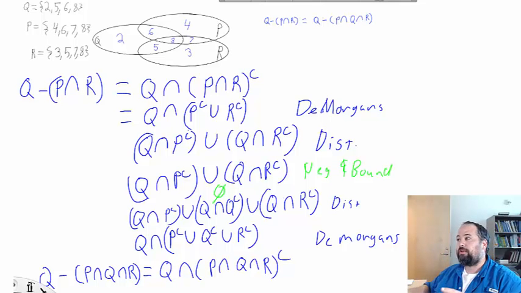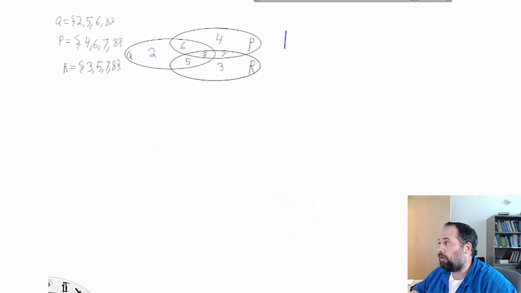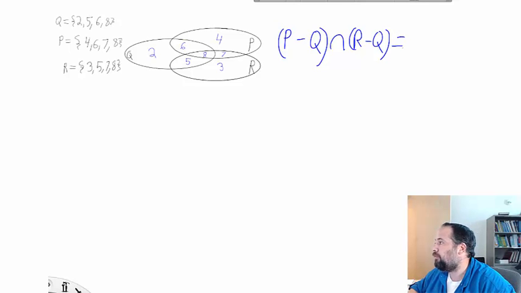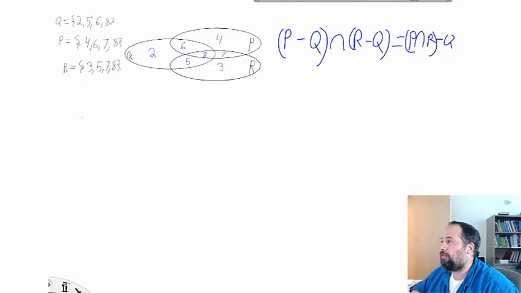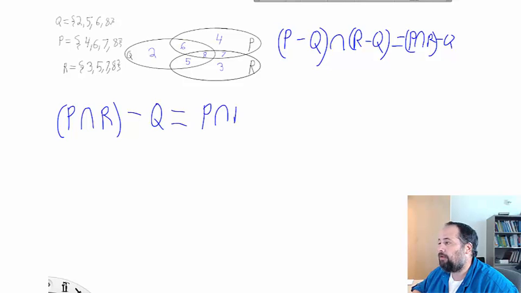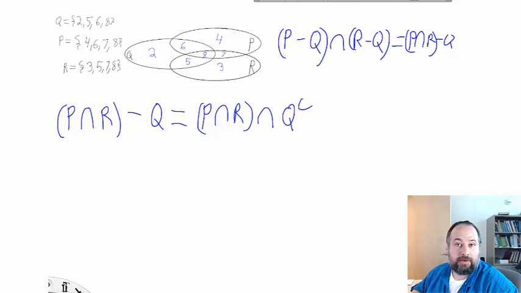Let's go back to our original example. So if you remember, our original example was (P minus Q) intersection (R minus Q) is the same as (P intersection R) minus Q. So let's go ahead and start with (P intersection R) minus Q, which we know is the same as (P intersection R) and Q complement.